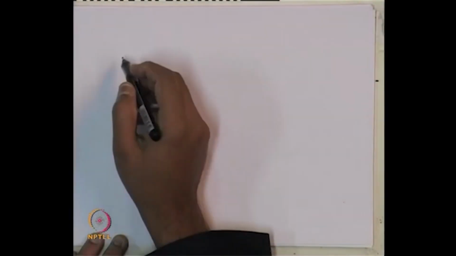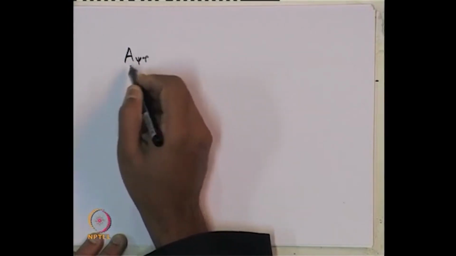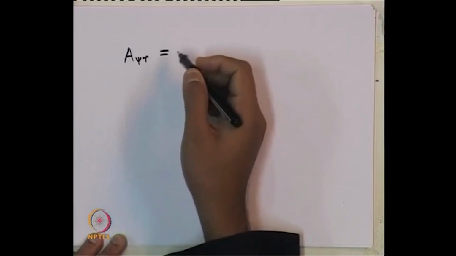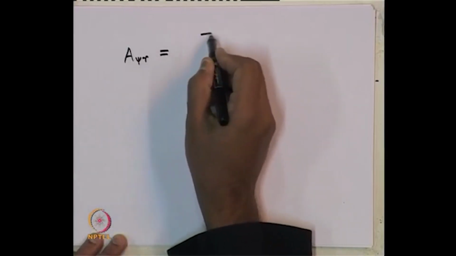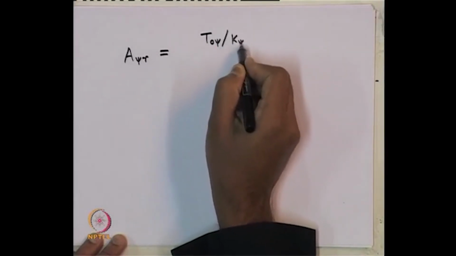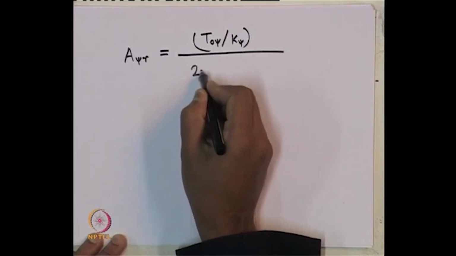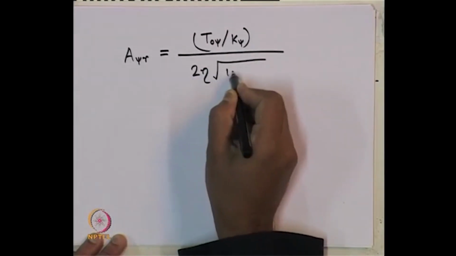So, at resonance frequency, based on the expression of DMF, we can find out how much is A psi R, means at resonance. The expression for that will be T naught psi by K psi by 2 eta root over 1 minus eta square.